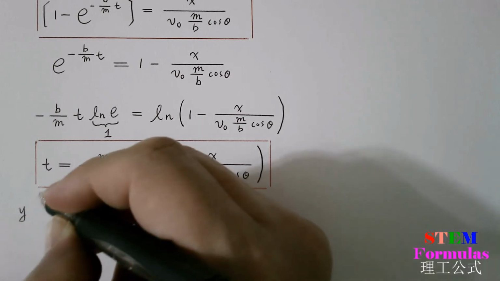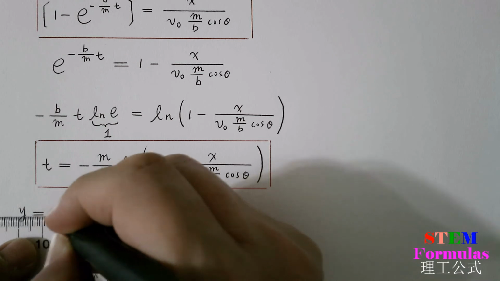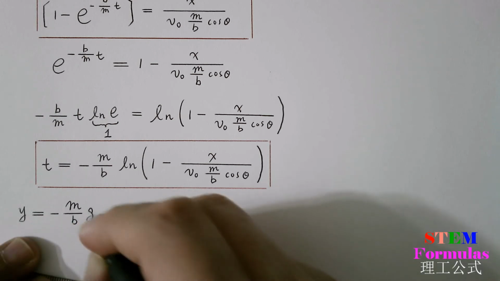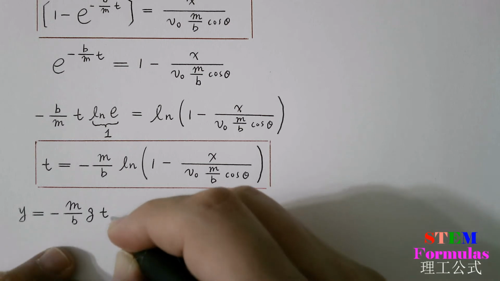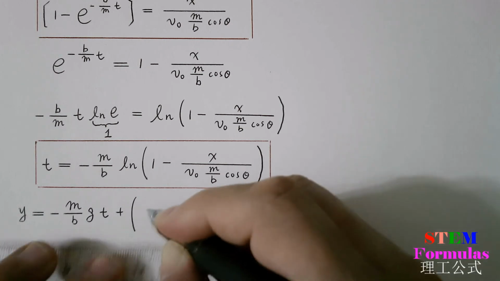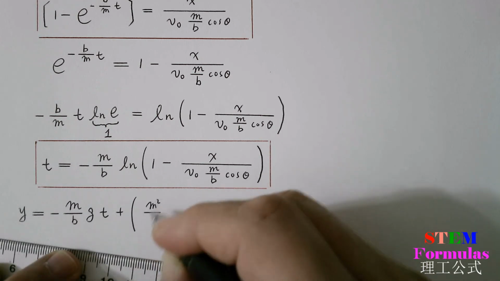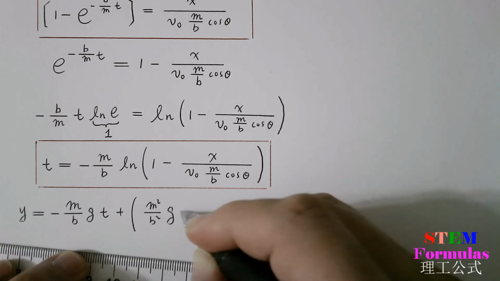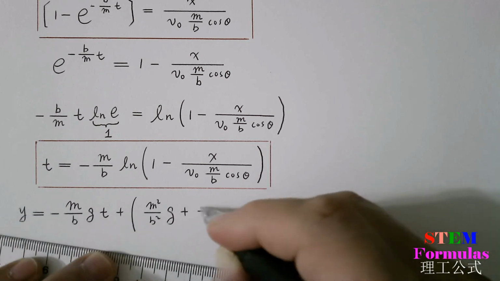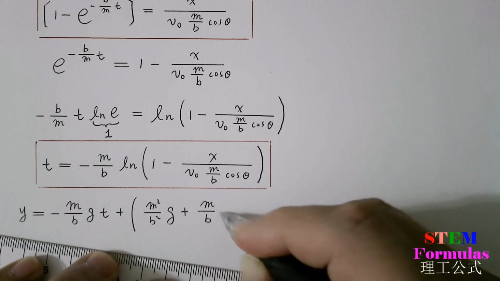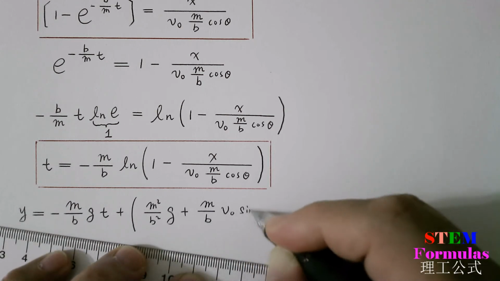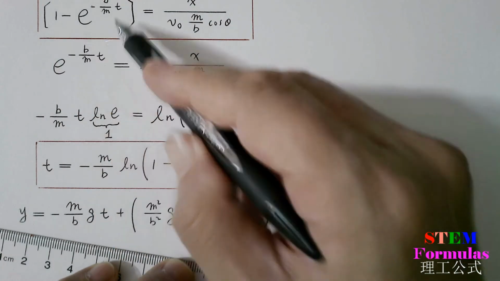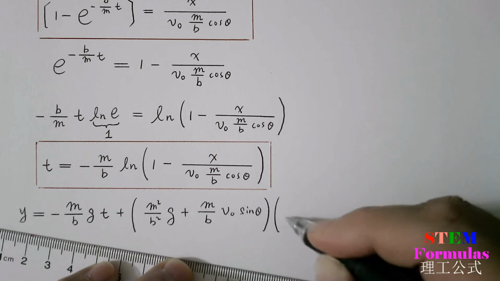So y equal minus m divided by b g t, plus bracket m square divided by b square g plus m divided by b v0 sine theta, and here, one minus.